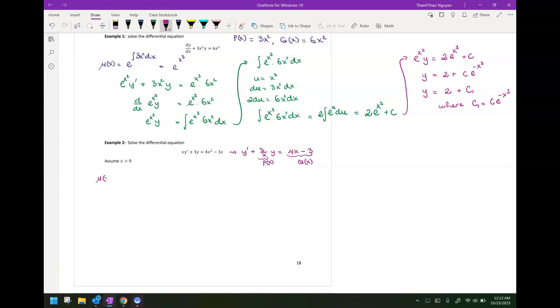So let's calculate the integrating factor. This equals e to the 3 ln of x. Since we assume x is greater than 0, this equals e to the ln of x to the third. This is x to the third. Multiply both sides of the equation by the integrating factor.